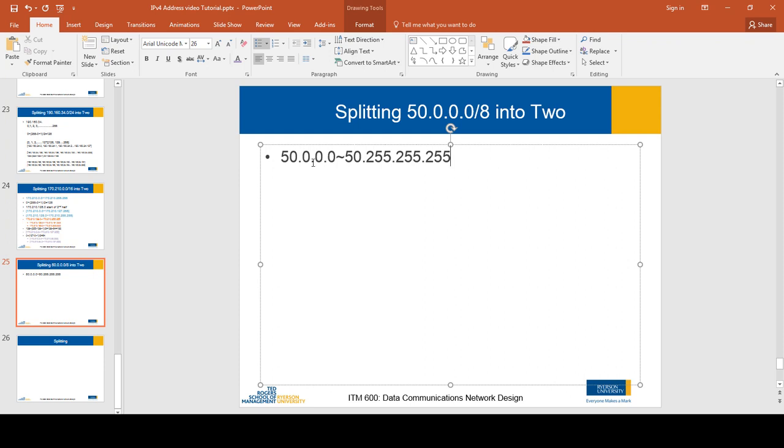Now 50.0.0.0 is one IP, 0.0.1 is another IP, 0.0.2 and 0.1.0, 1.2, 1.3, 1.255, and 0.1.0.0, 1.0.1, 1.0.2, and keep going, 1.1.0, 1.1.2, and if you keep going, then you will see there are 256 IP addresses for each value of the third octet, and there are 256 different combinations for each value on the second octet.